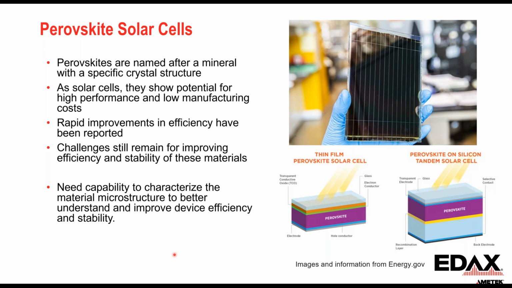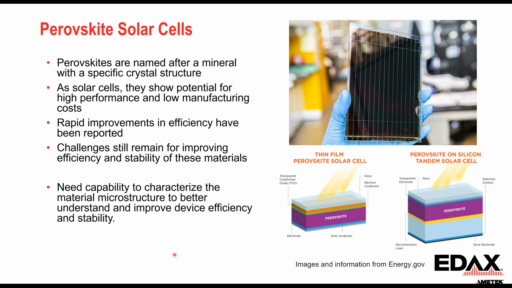That's obviously a very good combination to help with renewable energy, and there have been rapid improvements in efficiency. The challenges are, one, improving the efficiency, but also improving the stability. So there's a lot of work going on in understanding essentially the microstructure. To do this, you need the capability to characterize the microstructures to understand how that affects efficiency and stability.